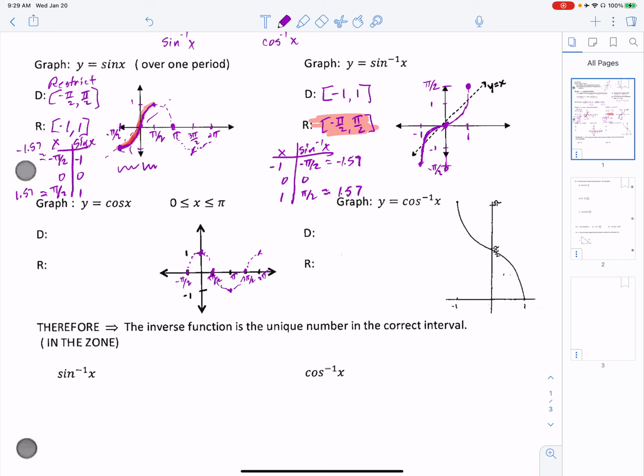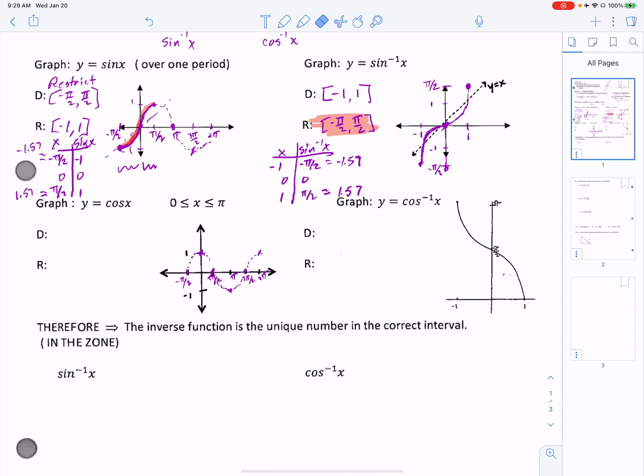would look like this. If I don't restrict the domain on cosine, its inverse does not exist. I cannot use negative pi halves to pi halves because I don't have an interval where it's always increasing or always decreasing. I have an interval where it increases and then decreases, and it would fail to pass the horizontal line test.